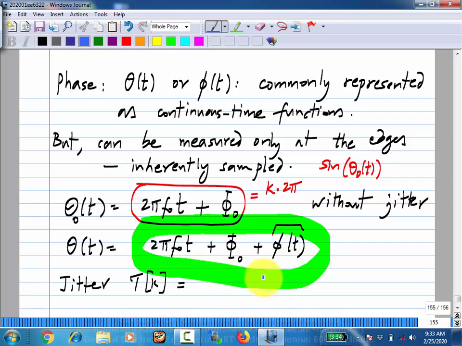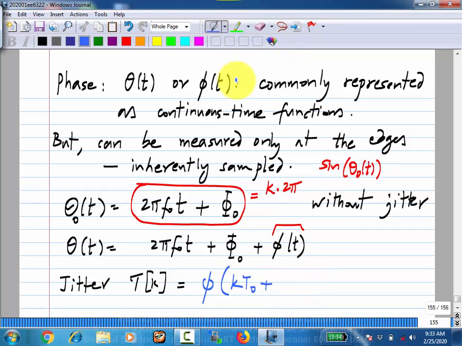So tau of k is basically phi of, there may be some phase offset here, or time offset, but it is integer multiples of T naught, where T naught is the period of the signal, and T offset is the offset to adjust for the phase of the signal, whether it is cos or sine or something else, okay, divided by 2 pi f naught. It could be random, yeah.